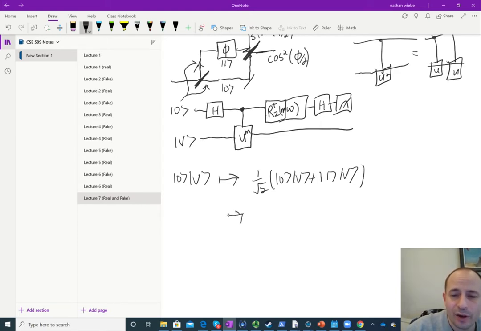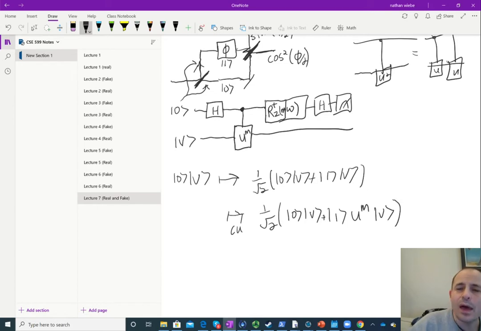The controlled unitary maps this to 1 over root 2. Now, it doesn't do anything on the branch where there's 0 in it, but it'll apply U to the mth power on v over here. However, v is an eigenstate.